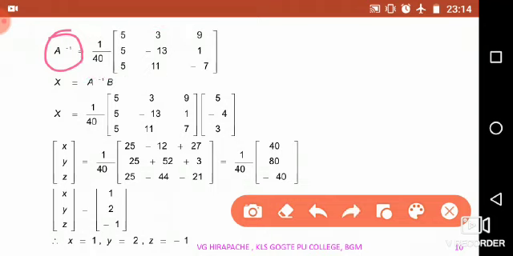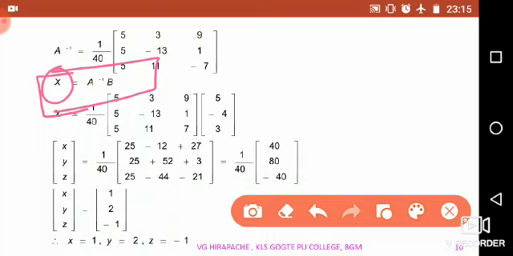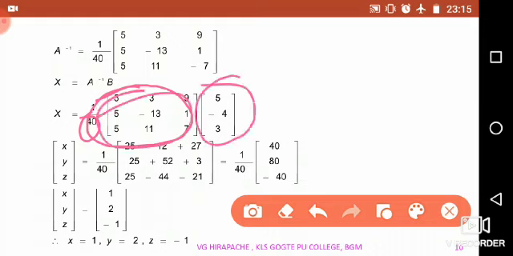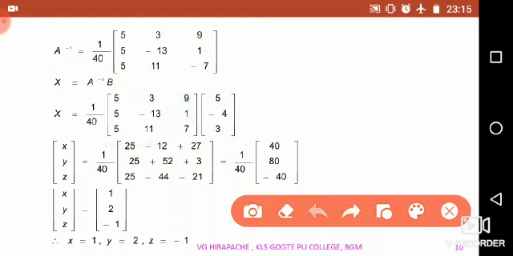Therefore, to find the value of the unknown variable matrix X containing x, y, z, we have X is equal to A inverse times B. Now, X is equal to 1 over determinant of A times the adjoint of A, multiplied with the constant matrix.